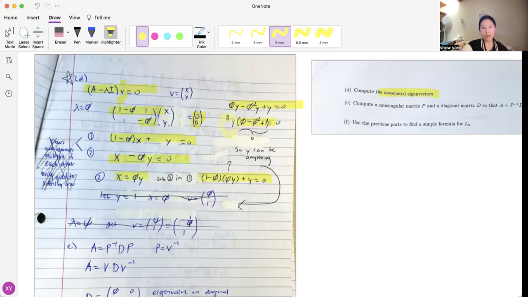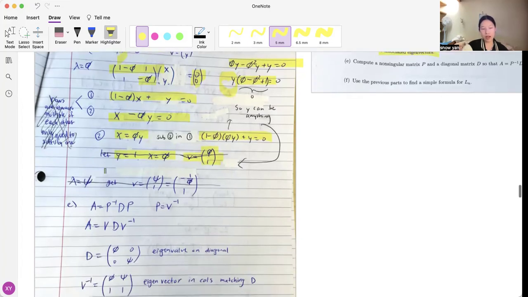So our y could technically be anything, it wouldn't matter, so we just set y equal to 1. x would then be the golden ratio, so our v would be (golden ratio, 1). It's the same logic for lambda equal to the other value, so then we would get that v is equal to this thing.